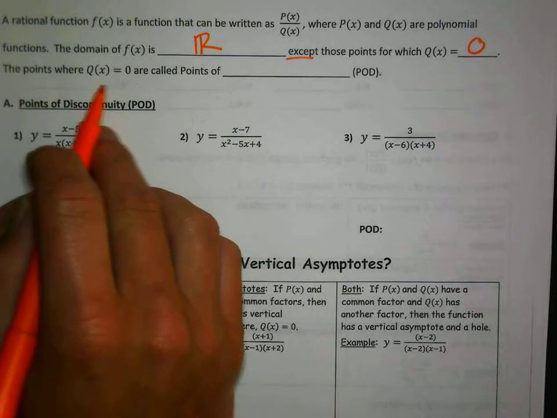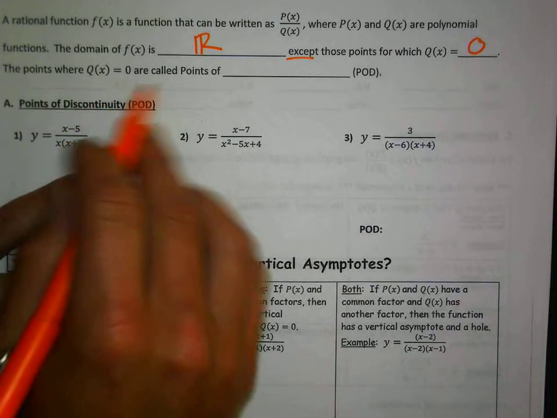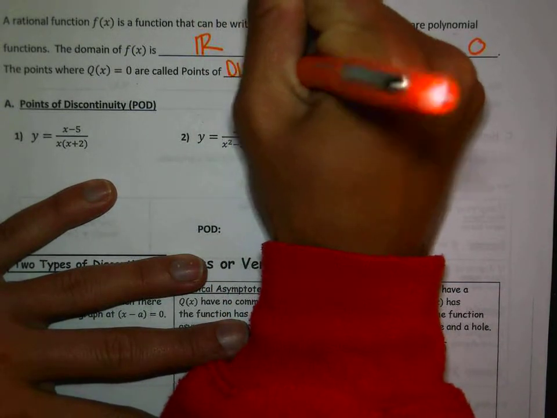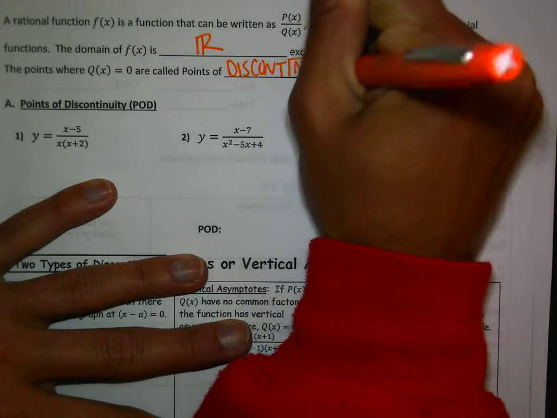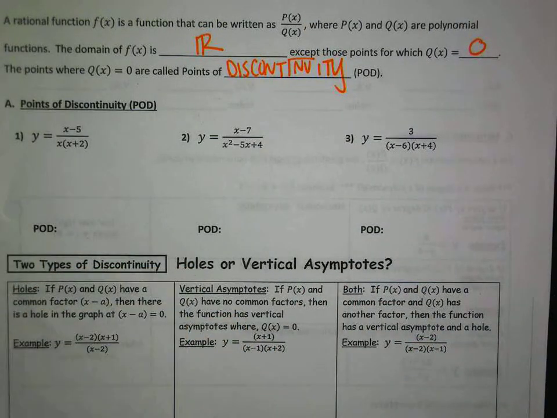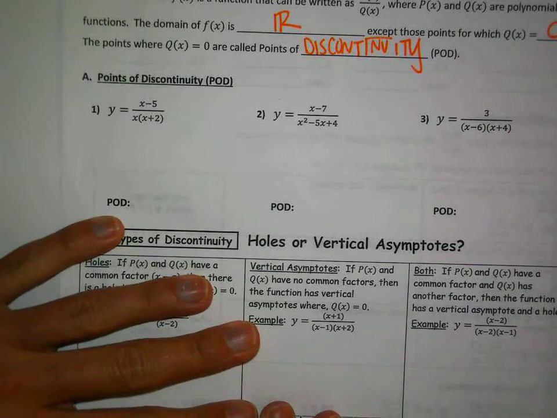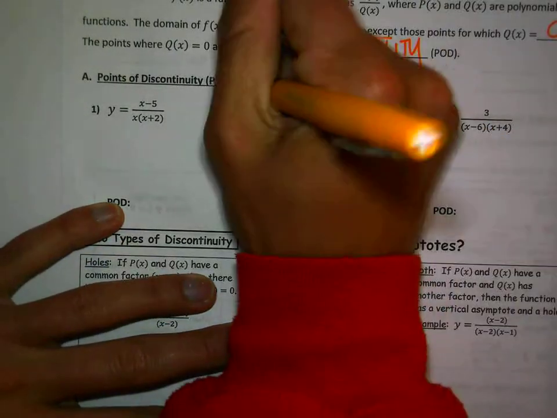All right, the points when the bottom equals 0 are called the points of discontinuity. All right, so this bottom part here, find the points of discontinuity.